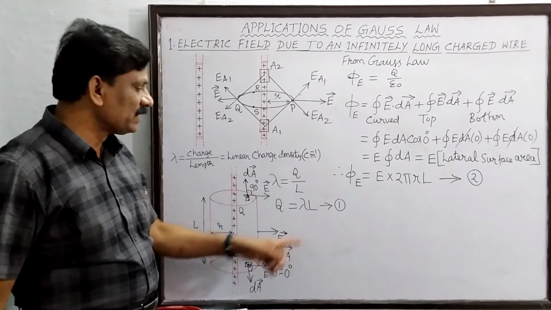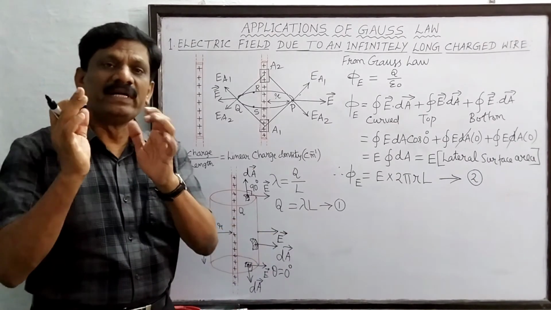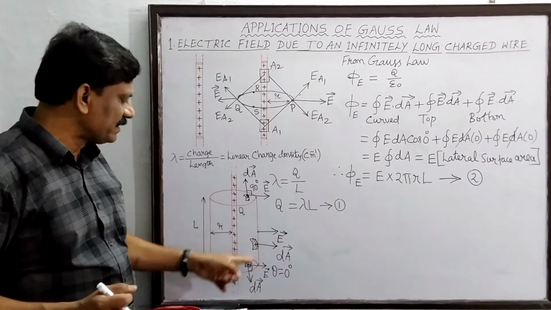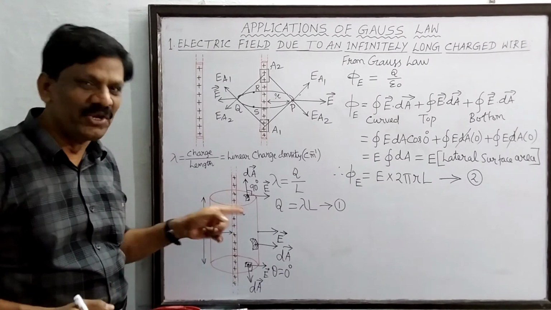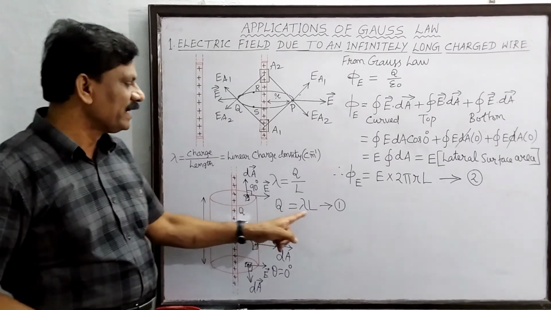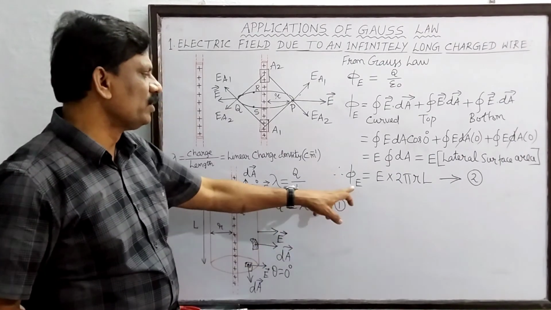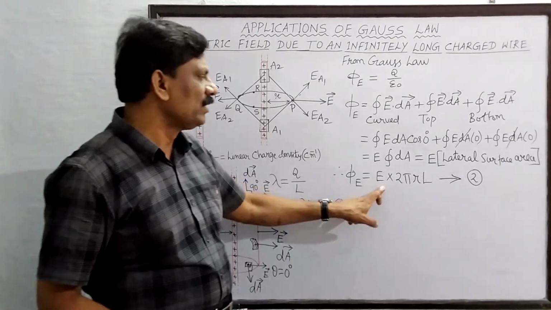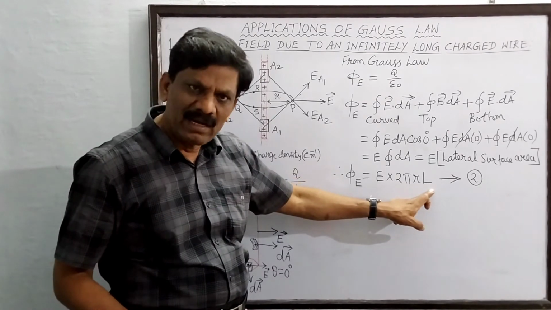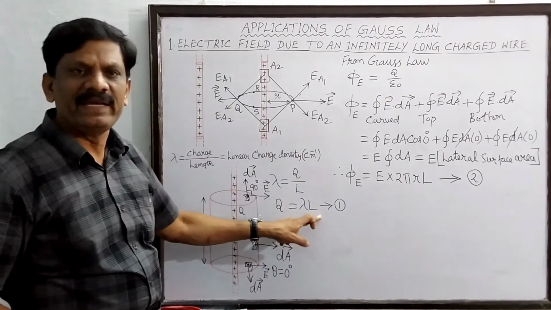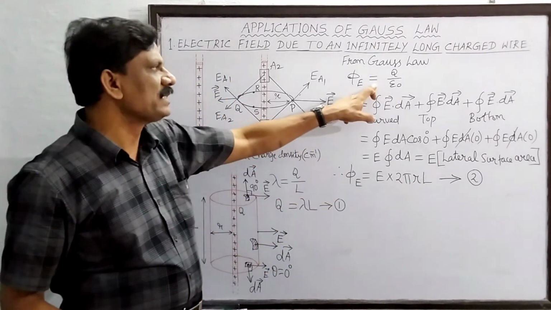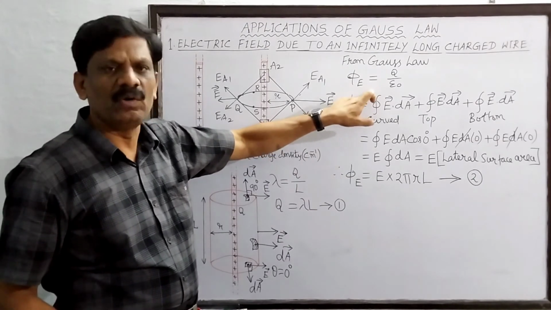Now already equation 1 we have. What is the quantity of charge enclosed by this cylindrical Gaussian surface? Q. Is it not? So Q is equal to lambda into L, is equation 1. So now we are going to substitute phi E is equal to E into 2 pi r into L and Q equal to lambda into L in the Gauss law. Okay, students, this is the Gauss law.